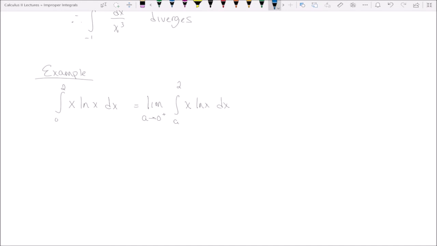Now this is an integration by parts. So we say let u be the log of x, which means that dv is x dx. du would then be dx over x, and v would be x squared over 2.